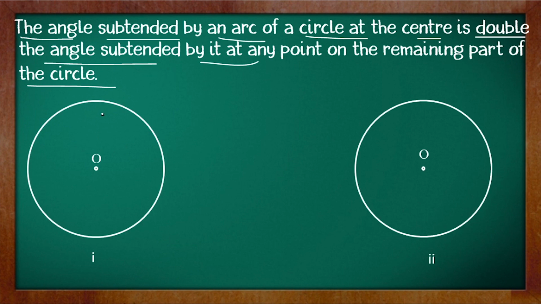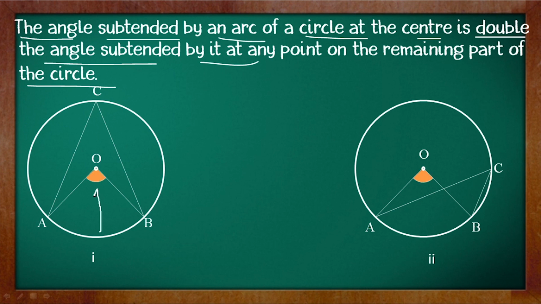If there is a circle with center O and any 2 points A and B, we draw an angle at the center taking the help of these 2 points A and B. Now again, we draw another angle at the remaining part of the circle. Here we are choosing any point C and drawing an angle here. The angle at the center, this angle here, will be double the angle in the circumference of the circle, this angle here.